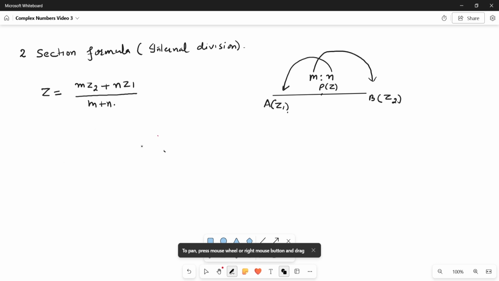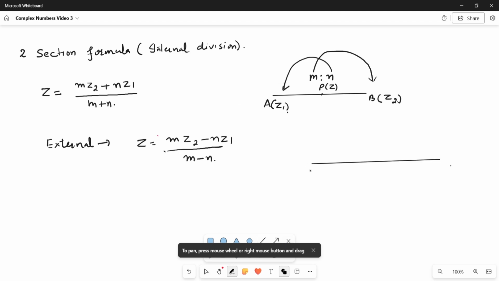If the division is external, then Z is equal to mZ2 minus nZ1 divided by m minus n.